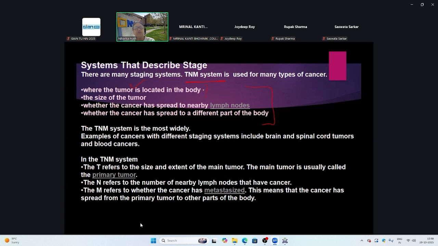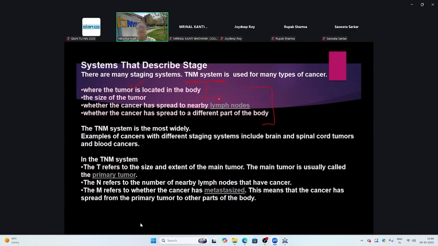T depends on the size of the tumor. How big is it? How many millimeters is it? These have been clinically decided, not for our discussion today. And then, have any of the cells gone into the nearby lymph nodes?